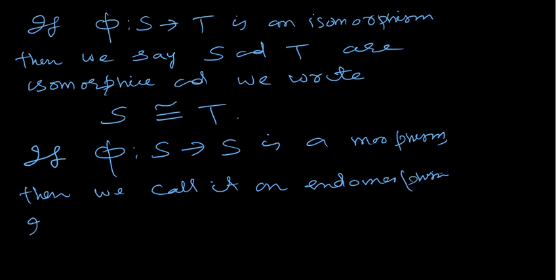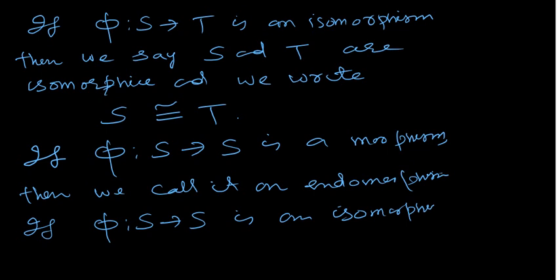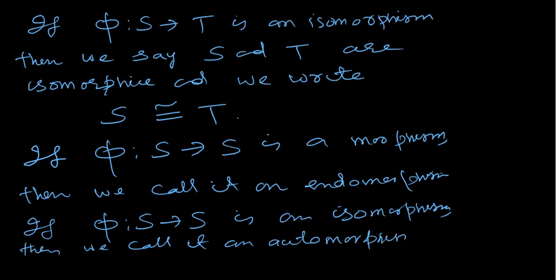And if phi between the semigroup S and S is an isomorphism, then we call it an automorphism. Same as in case of groups we have created automorphism and endomorphism.